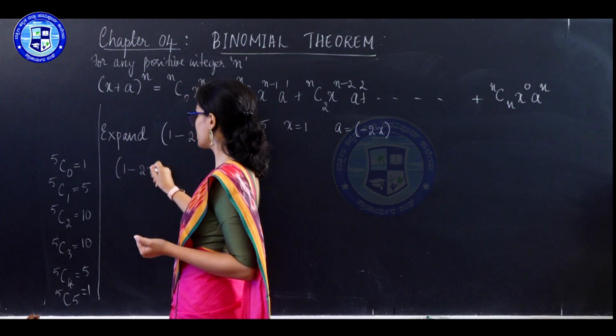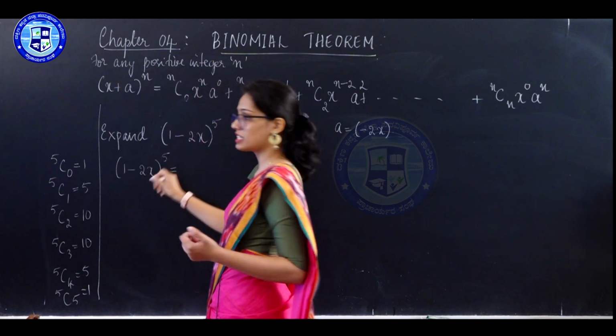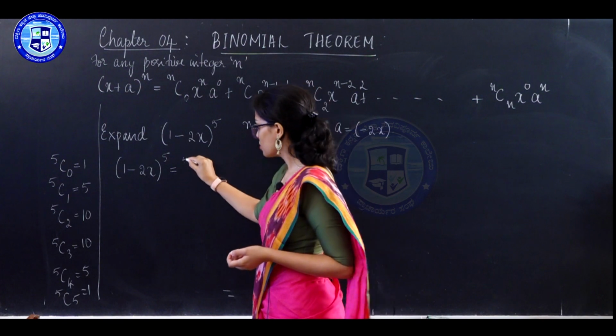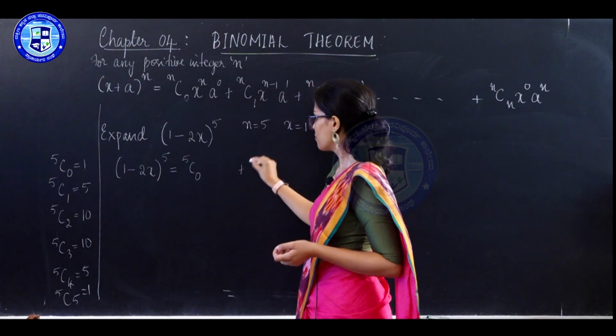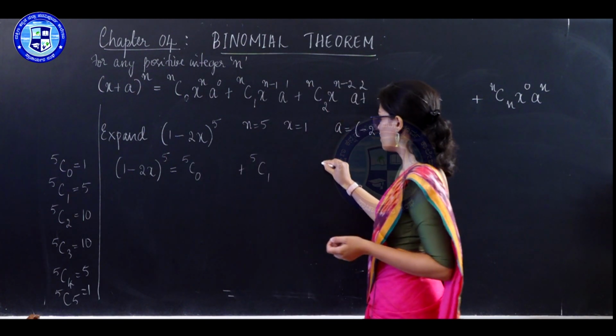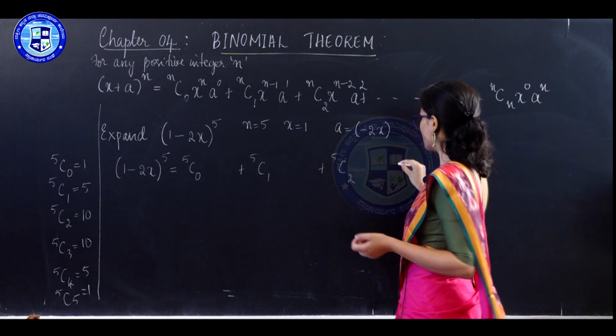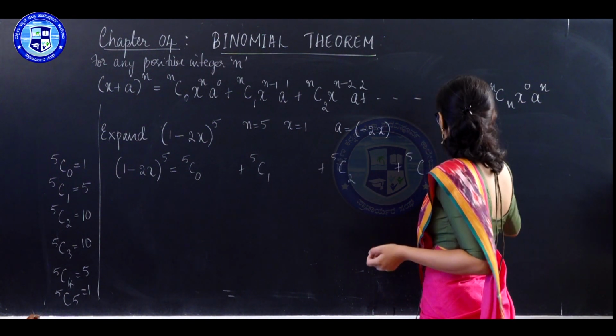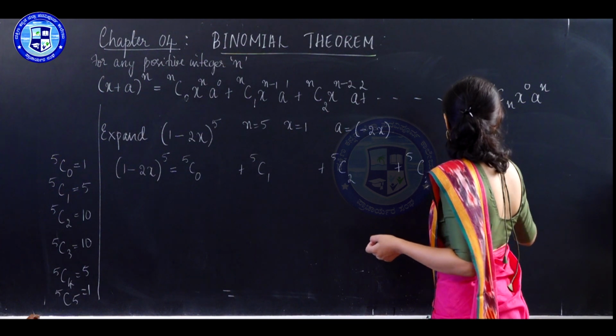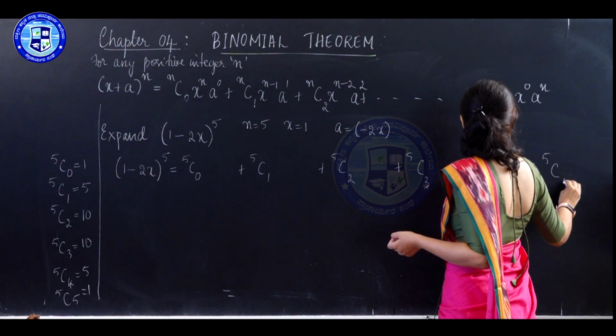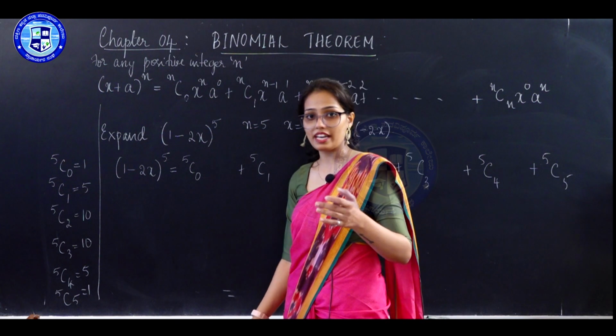We have 1 minus 2x to the power 5. First, let us write the coefficients. So, 5c0, 5c1, 5c2, 5c3, 5c4 and the last one is 5c5. Now, let us make a note of the x terms.